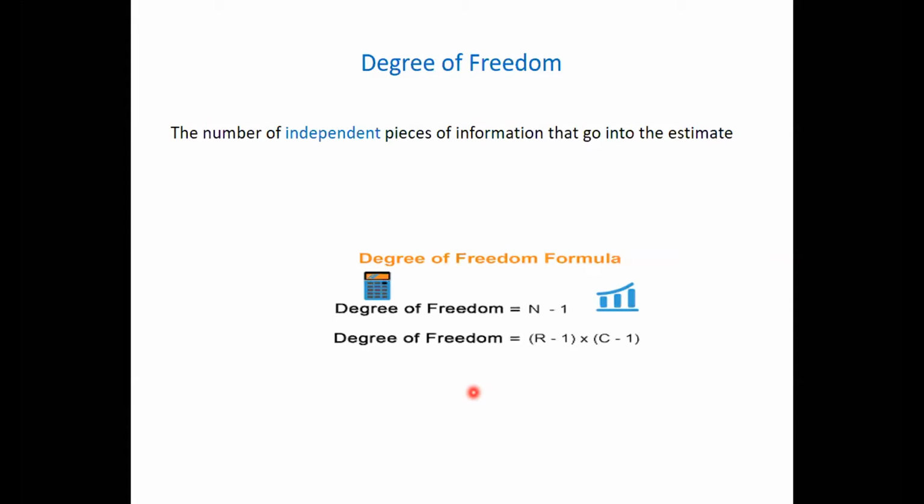And anything you want to calculate after that, not all of them can vary. For example, the simplest example we usually give is that when we want to calculate the variance or standard deviation, instead of dividing by n, you divide by the degree of freedom, n-1.